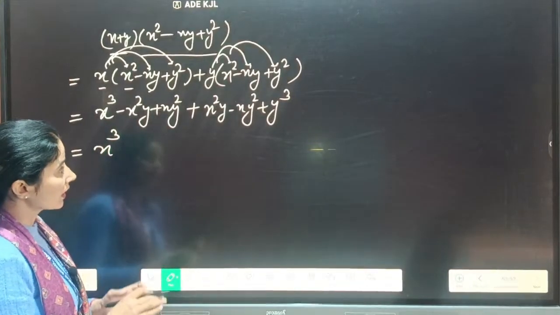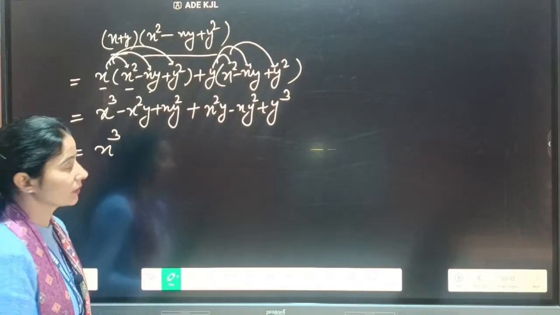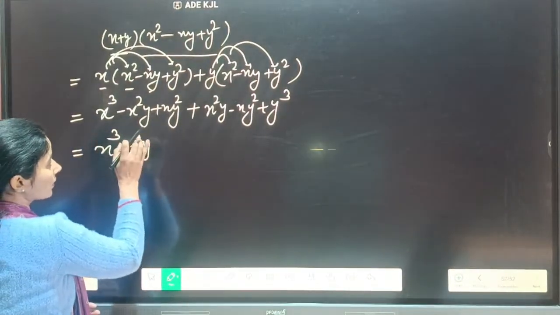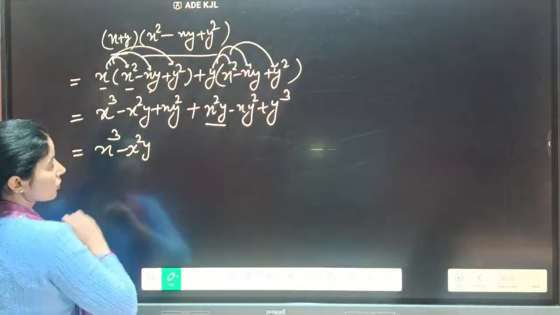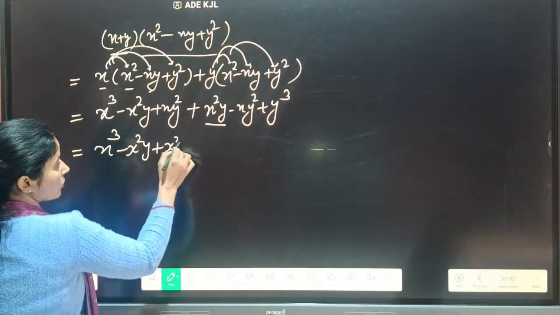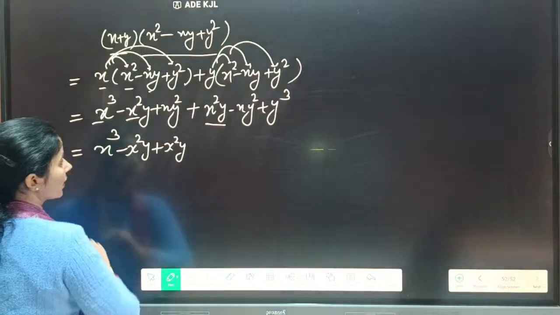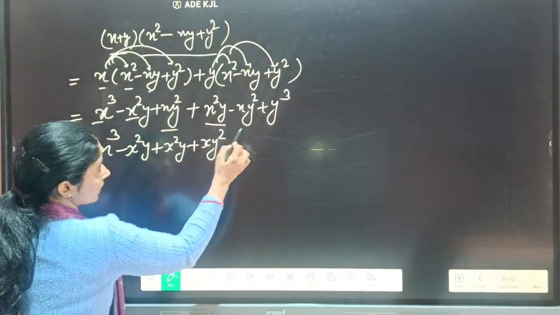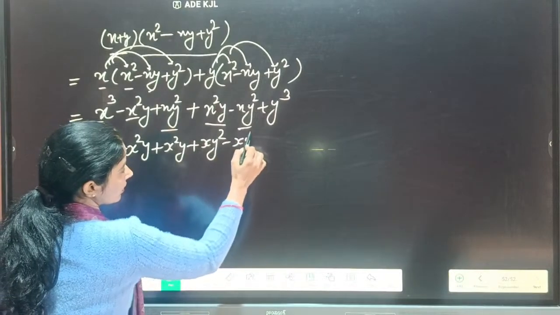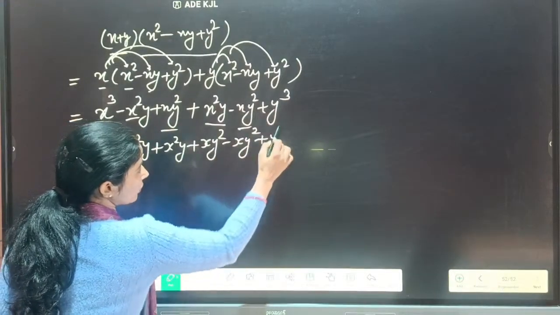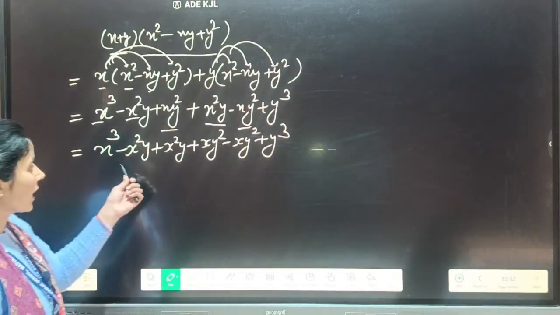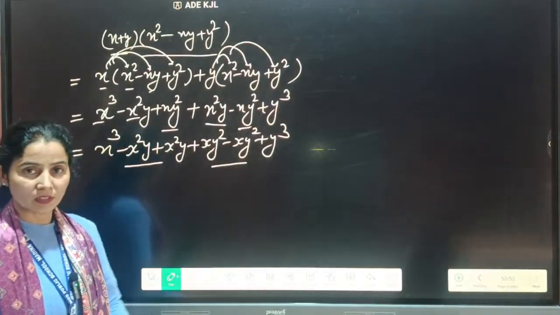Which terms are like? Try to write them together. X cube as it is, minus x square y, and any other term which contains x square y: plus x square y. These terms I have written, plus x y square and minus x y square, plus y cube as it is. So each term I have written, and the like terms I have written together.